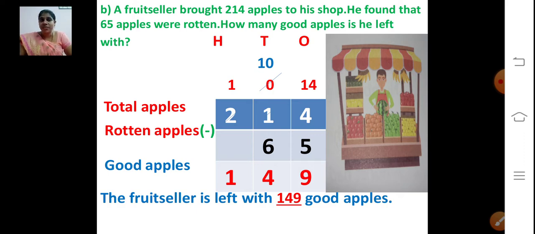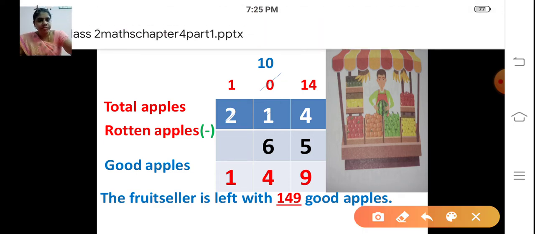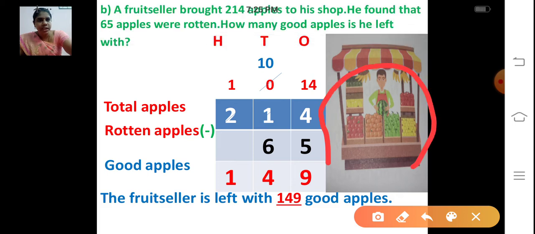Total apples: he brought 214 apples to his shop. So at first he was having 214 apples. He found that 65 apples were rotten. What do you mean by rotten?